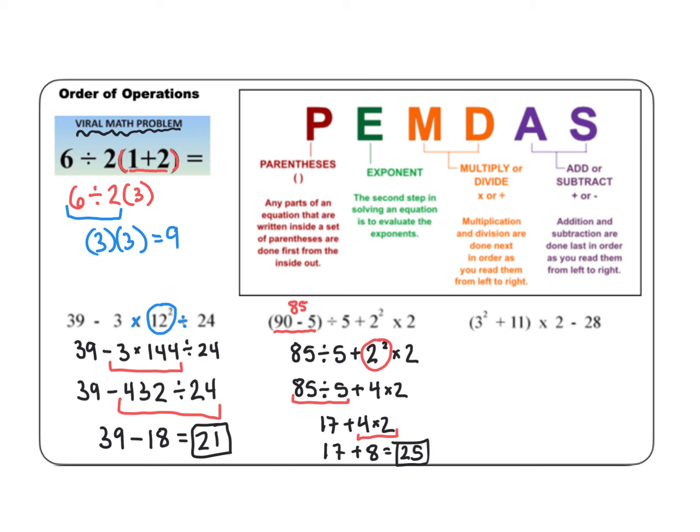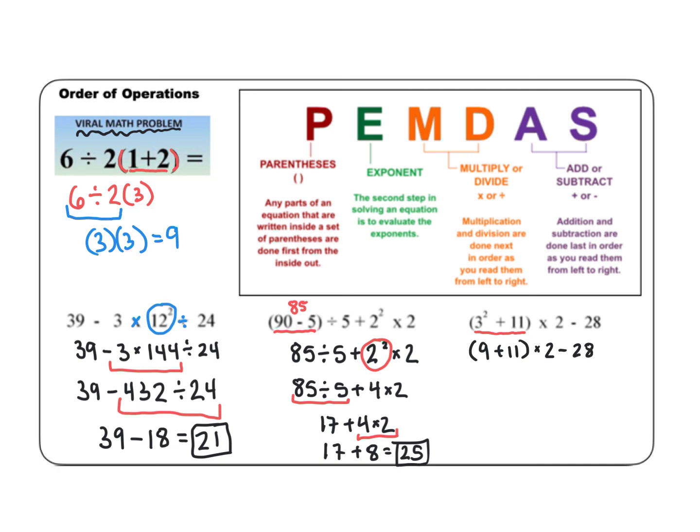So let's go ahead and do the last one. We have some parentheses, and inside the parentheses we have an exponent. So let's just bring this down like this. And I know that some of you like to take shortcuts and say, I can do this all in my head, and then you end up making lots of mistakes. Don't do that.